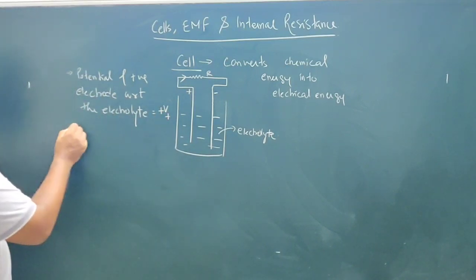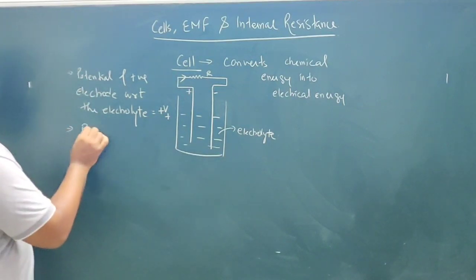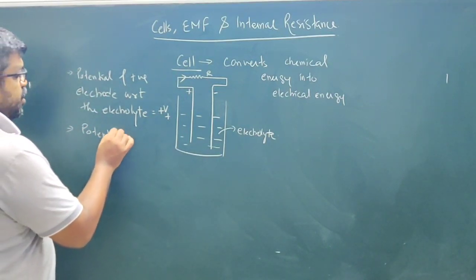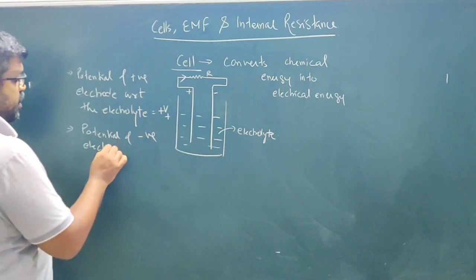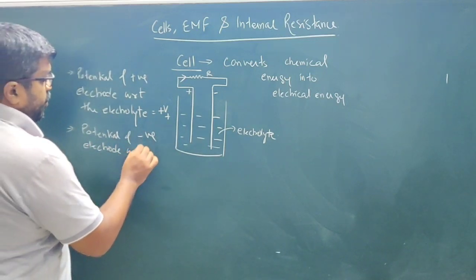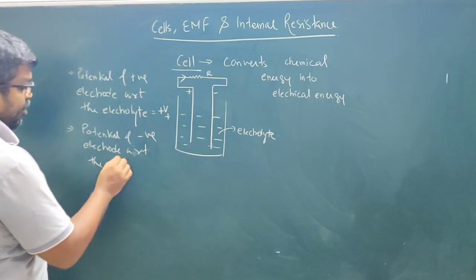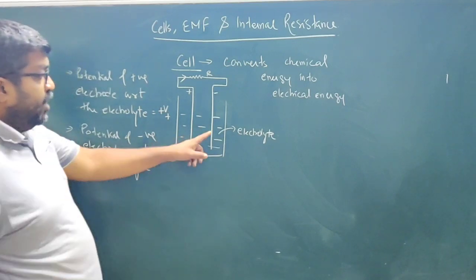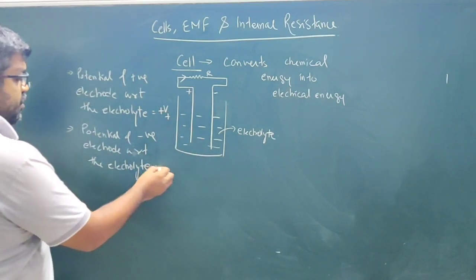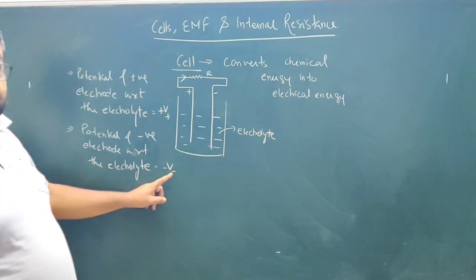Now similarly, suppose this is the negative electrode. So the potential of the negative electrode with reference to the same electrolyte, this electrolyte, is equal to, suppose it is negative, so minus V minus.